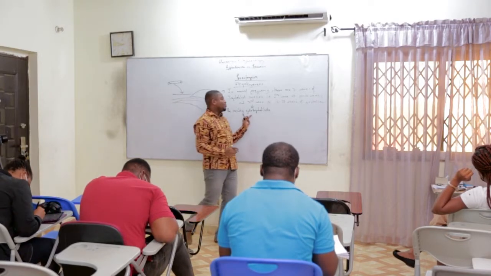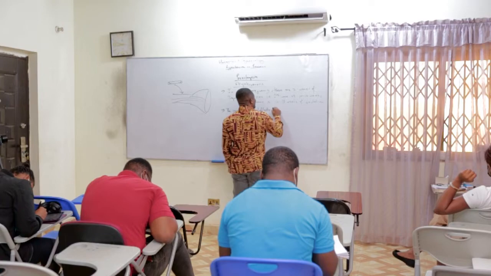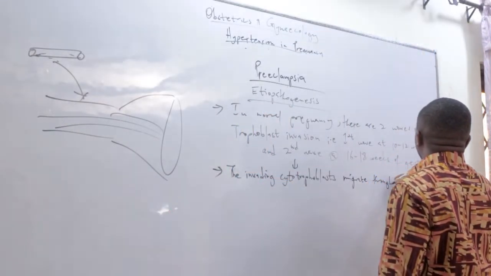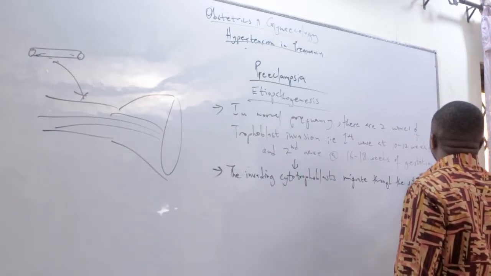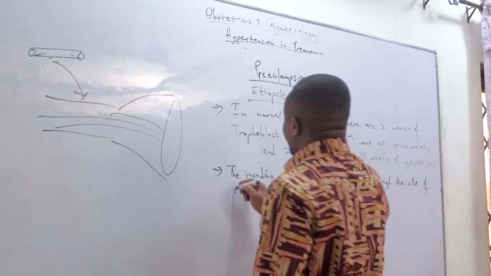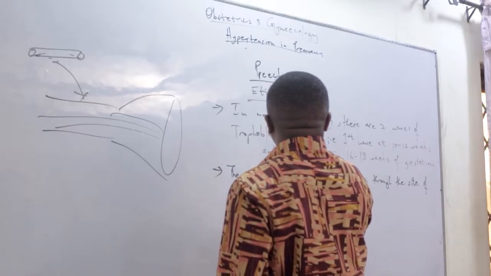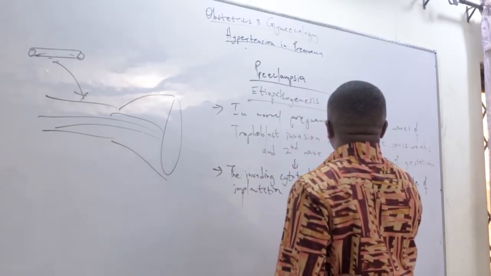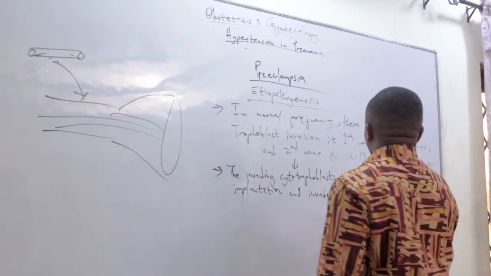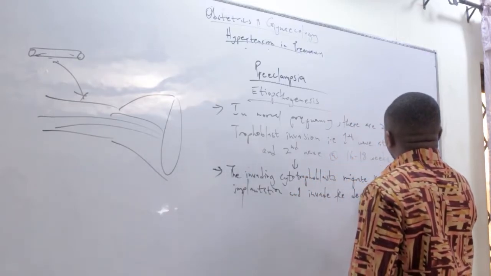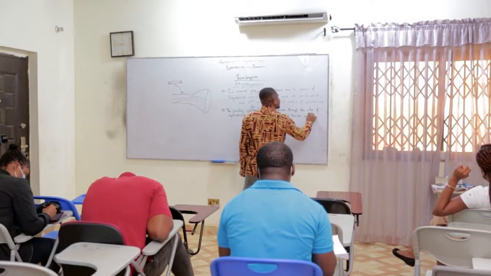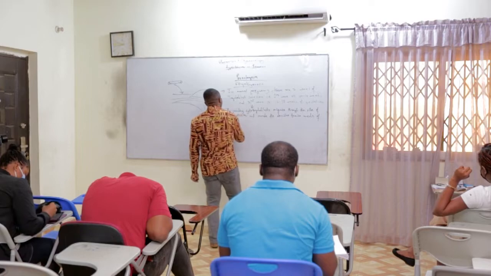Okay, the invading cytotrophoblast migrate through the site of implantation, and invade the decidual tunica media of the maternal spiral arteries.